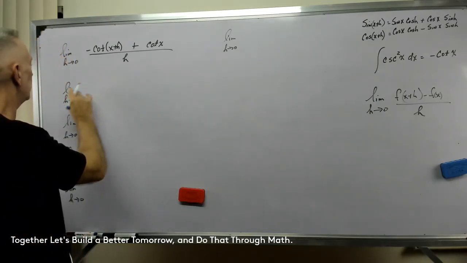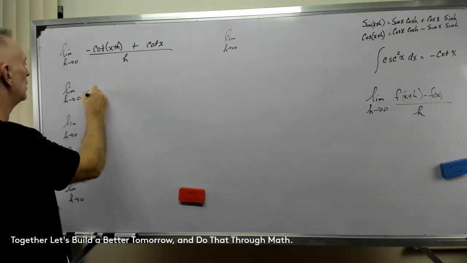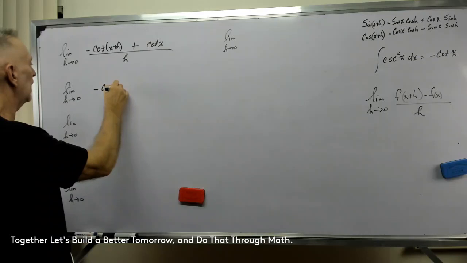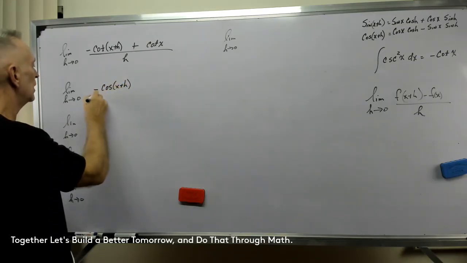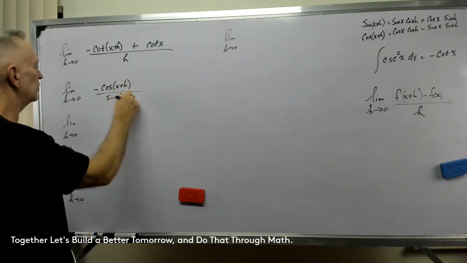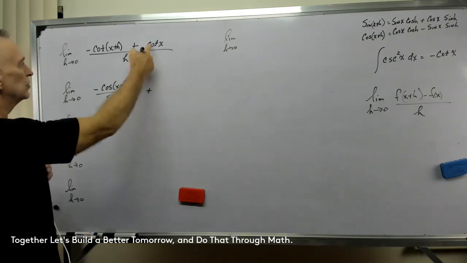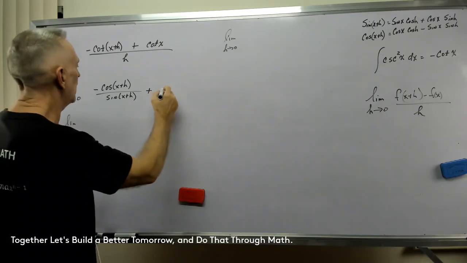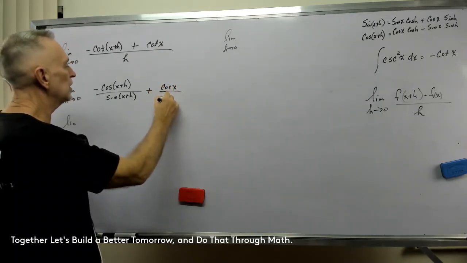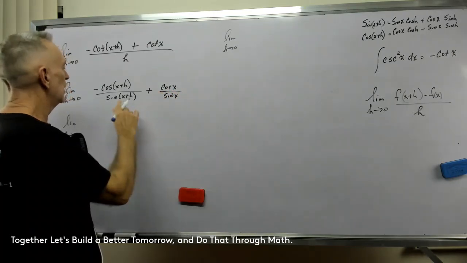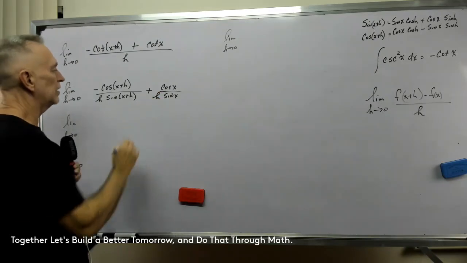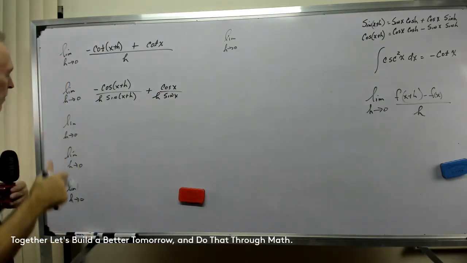Well, we know tangent is sine over cosine, so cotangent would be cosine over sine. So now we have the limit as h approaches 0 of minus cosine x plus h over sine x plus h, plus cotangent x, which would be cosine x over sine x, all over h. I'm just going to put the h inside like that.